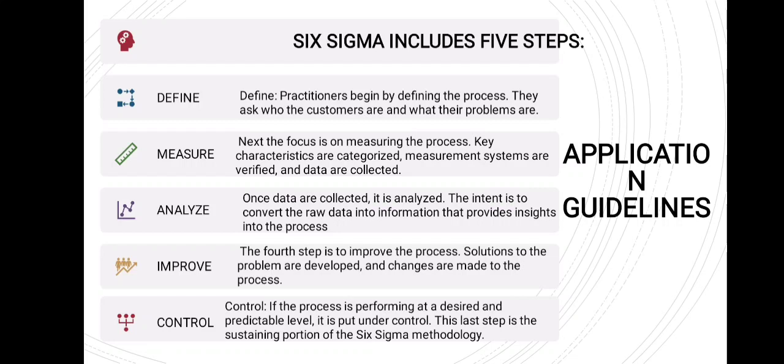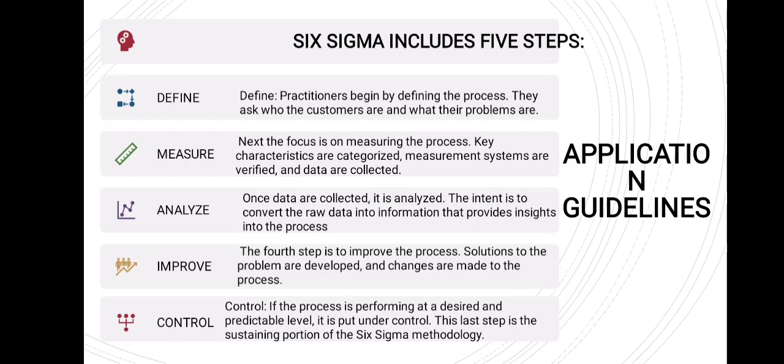The intent is to convert the data into information that improves the process. Step four: improve. The fourth step is to improve the process, solve the problems, and develop solutions, and changes are made to the process.